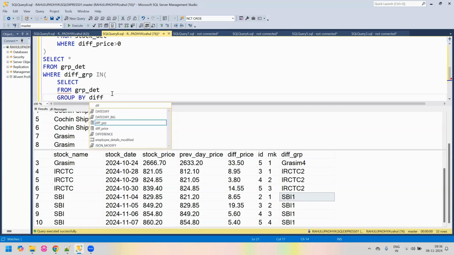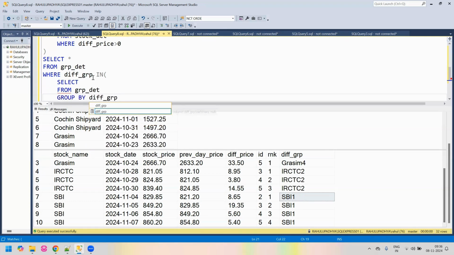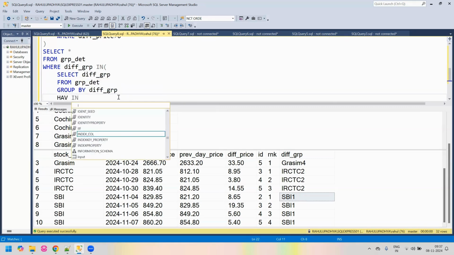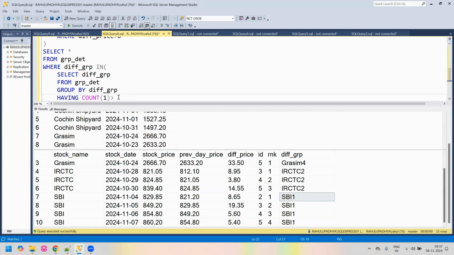So we will do group by diff group, and we will get the group. Okay, and we will use the having clause to identify if the entries are 3 or more. So with this, we will keep only those entries where the group details have 3 or more entries.